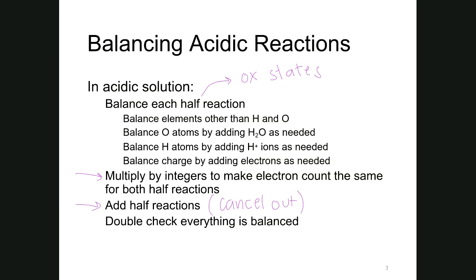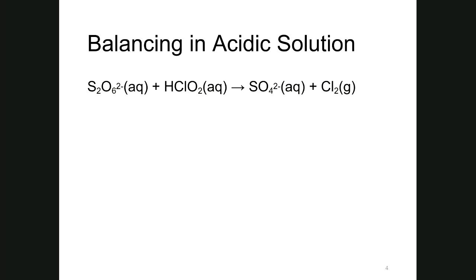So we're going to take a look at this practice problem. We're going to go through these step by step. So have these close by if you need to take a picture or whatever you need to do so that as we're working through the problem, you can see us doing step by step. So let's take a look at this equation. Right now it is not balanced, but we know that we're in acidic solution.